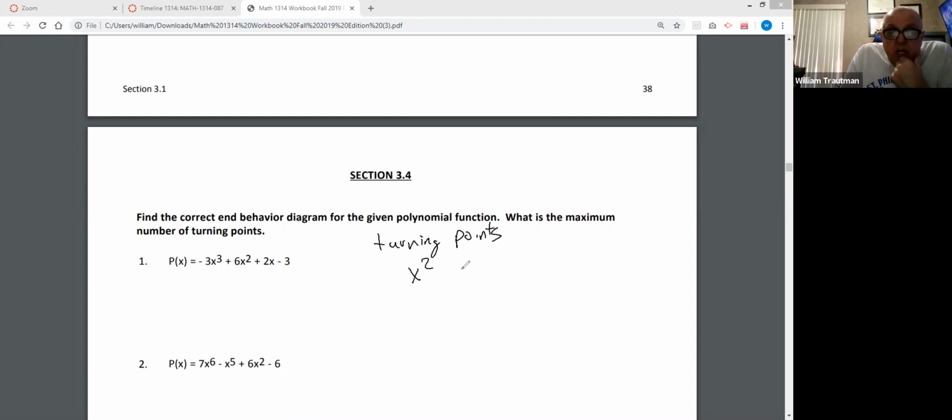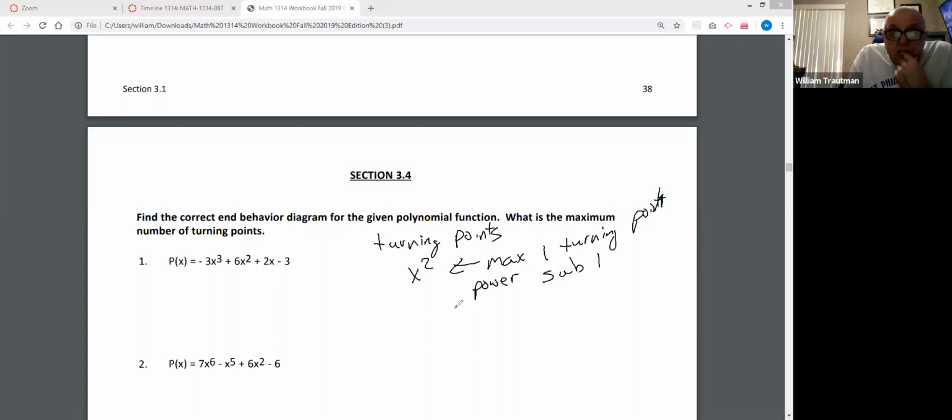X squared has a maximum of 1 turning point. Whatever the power, you have to subtract 1. So the power is 2, you subtract 1, you get 1 turning point.